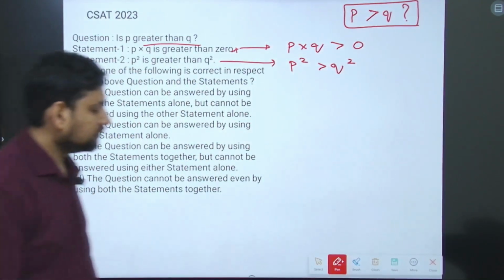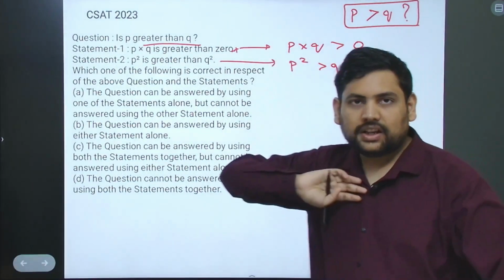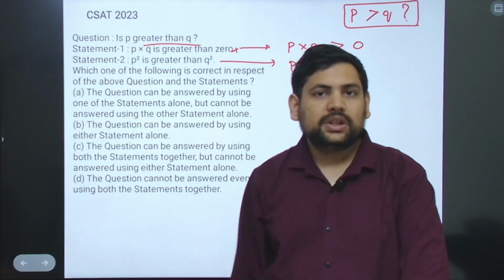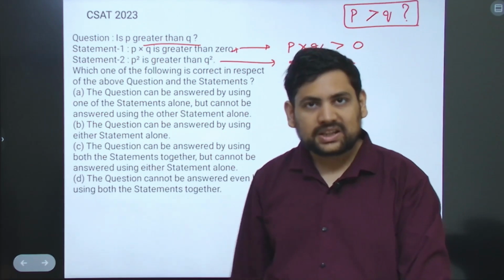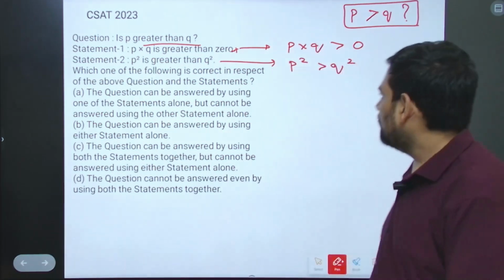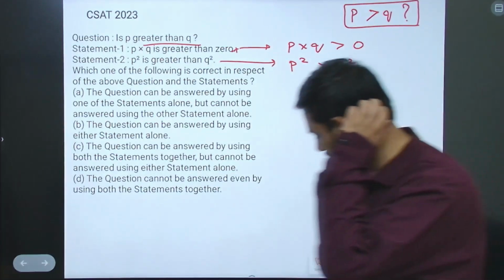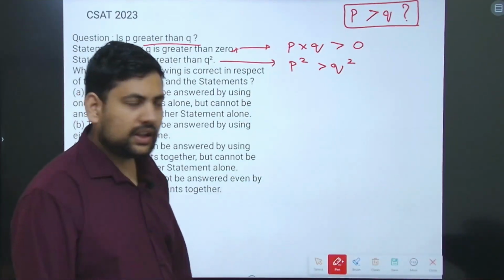Now you need to understand that whenever inequality or equal sign is given between squares, you always need to remember that their values can be plus and minus. Always remember. Okay, so now if you take two values, for example, it is not written P and Q are positive, nothing like this.